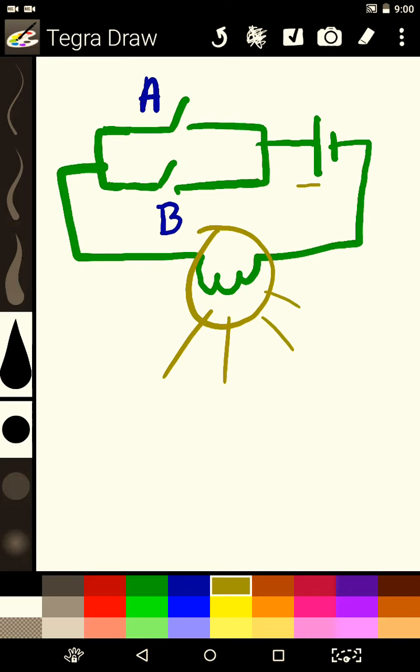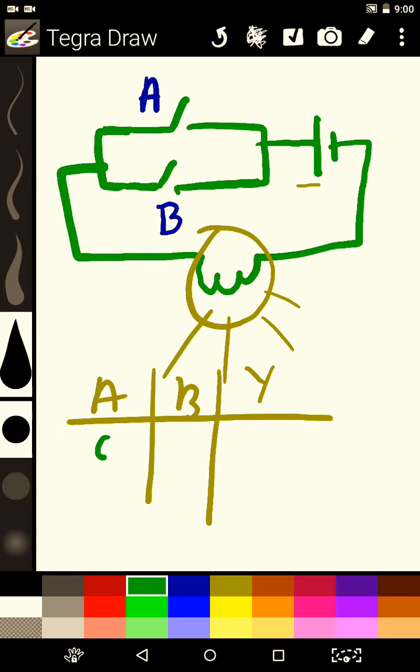Let's say the truth table of the OR gate will be: let A be the input, B another input, and Y the output. For the case 0, 0: A equal to 0 means the A switch is open circuit, and B equal to 0 means the B switch is open circuit.